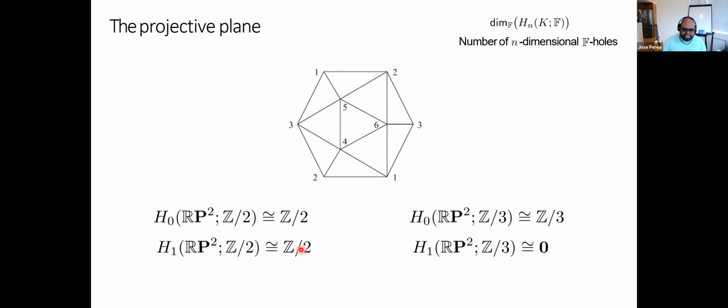If you look at Z mod 2, 2 is equal to 0, so that doesn't tell us much. But in Z mod 3, 2 is equal to -1. So this is saying that going around the hole in the opposite direction is filled in. So that's why it's 0 in Z mod 3. If this doesn't make sense to you, don't worry.